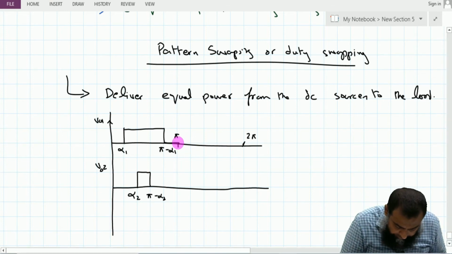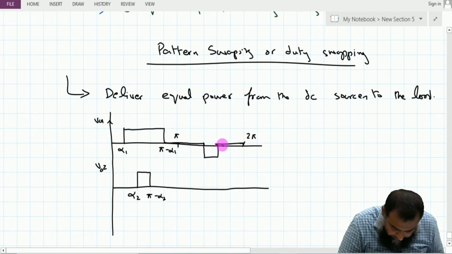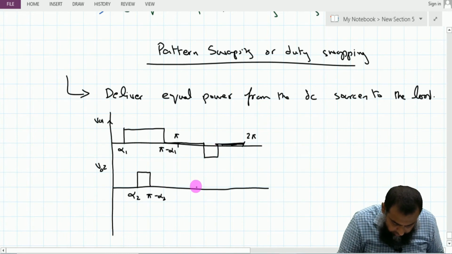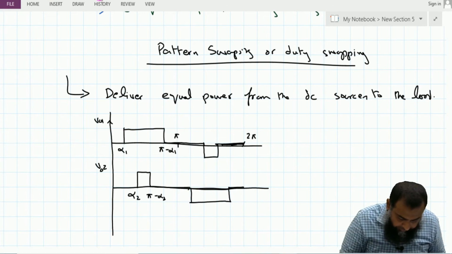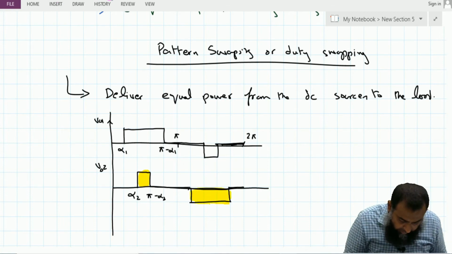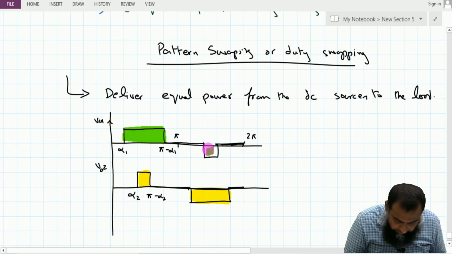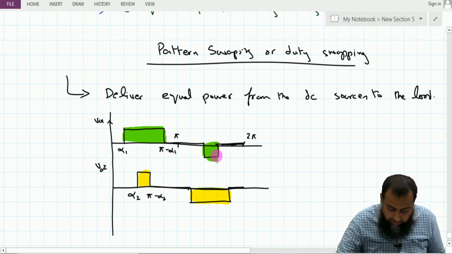So this waveform shall have this type of output, whereas this has an output which is something like this. So V02 and V01 now have equal area under the curve for one complete switching cycle. The output voltage is still the same.